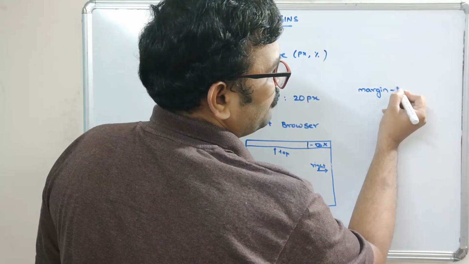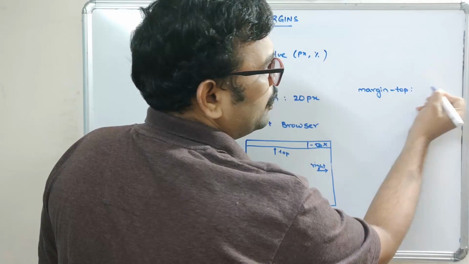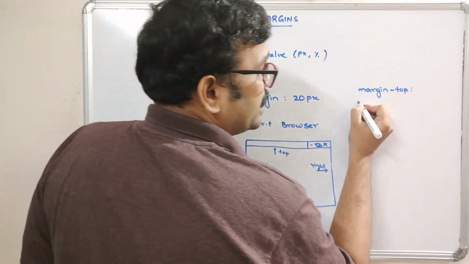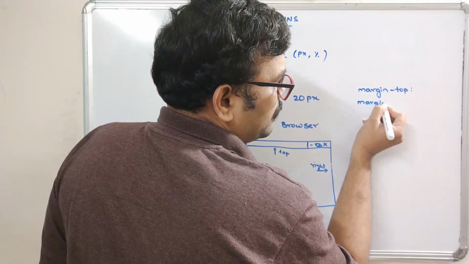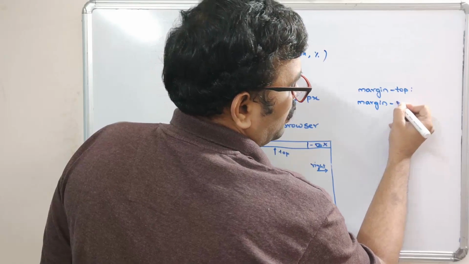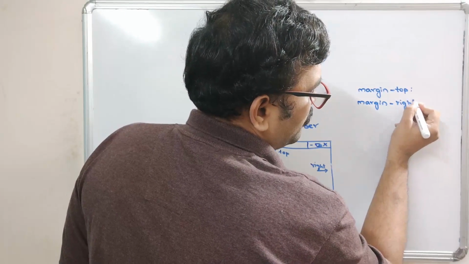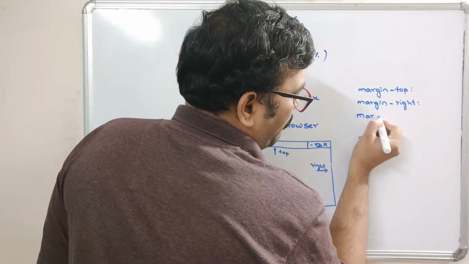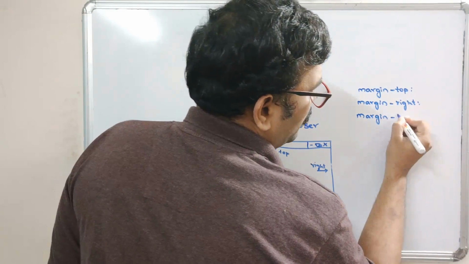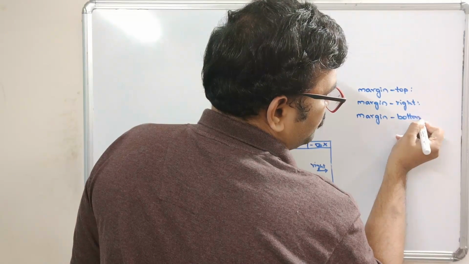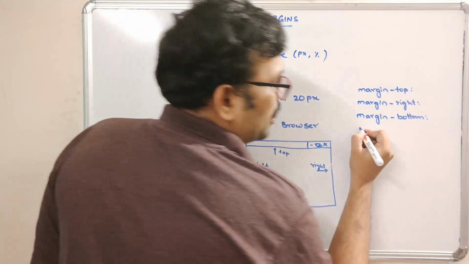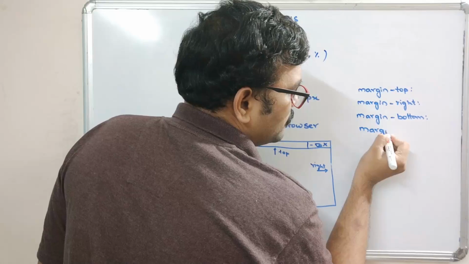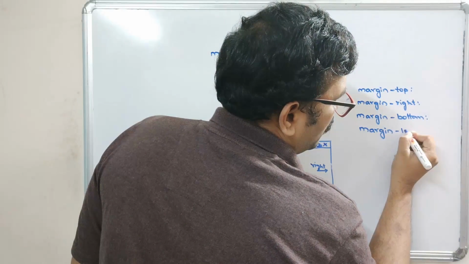Okay, so that we can apply as margin hyphen top colon pixels. Next margin hyphen right colon, and then margin hyphen bottom. Similarly margin hyphen left.